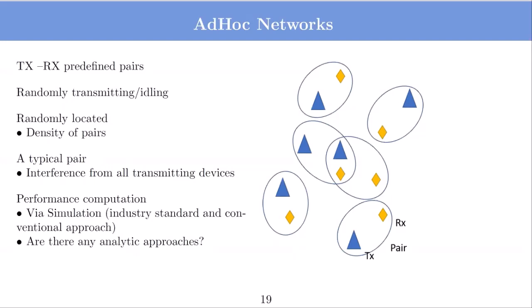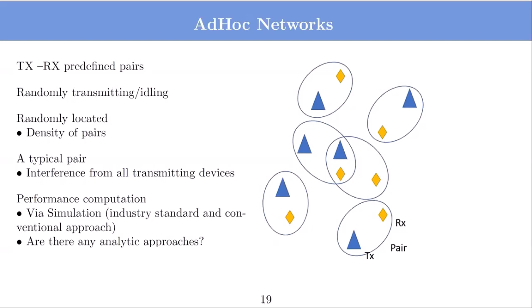It means this receiver only wants to talk to that transmitter. So an example would be your Wi-Fi routers at different homes. If there is a colony and every house has a Wi-Fi router and a mobile receiver, this mobile receiver only wants to talk to its own Wi-Fi router. Even if there is another Wi-Fi router of your neighbor which is closer, you cannot connect to it. So the set of these predefined pairs of transmitter receivers are generally known as ad hoc networks.